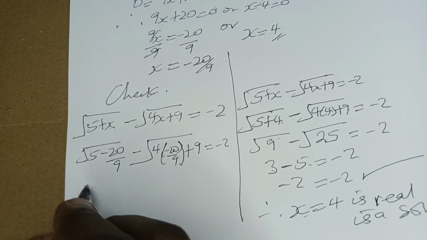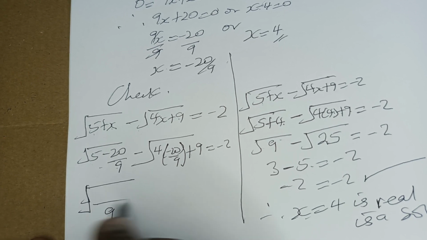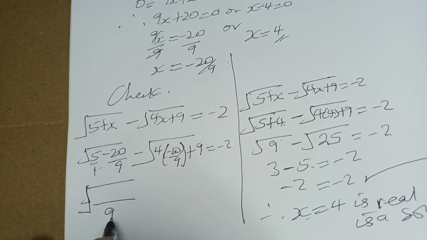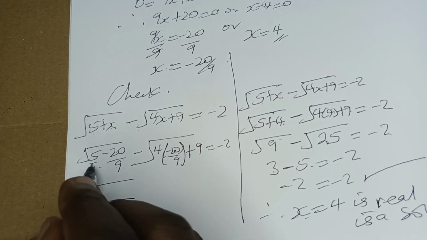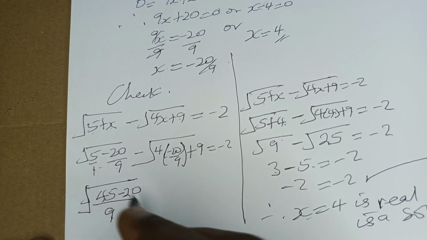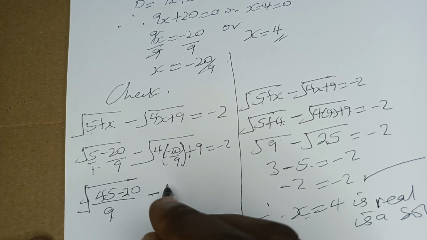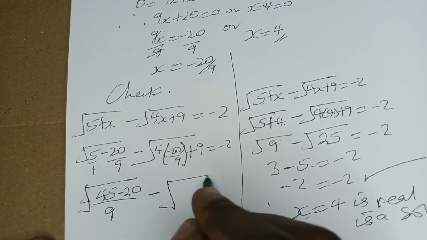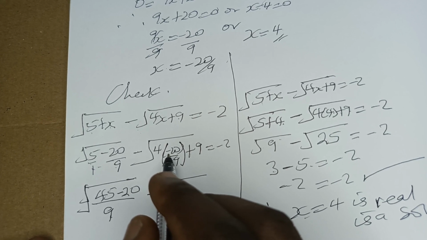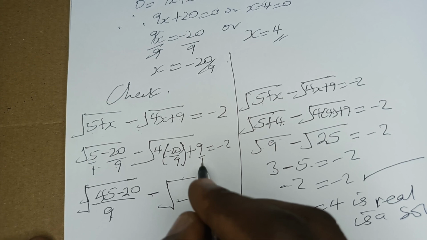Now, finding the LCM here. So you're having 9, so this is over 1. 9 times 5 should be 45 minus 20. The minus that is here, we put it here. Here, find the LCM also, as usual. This is over 1.